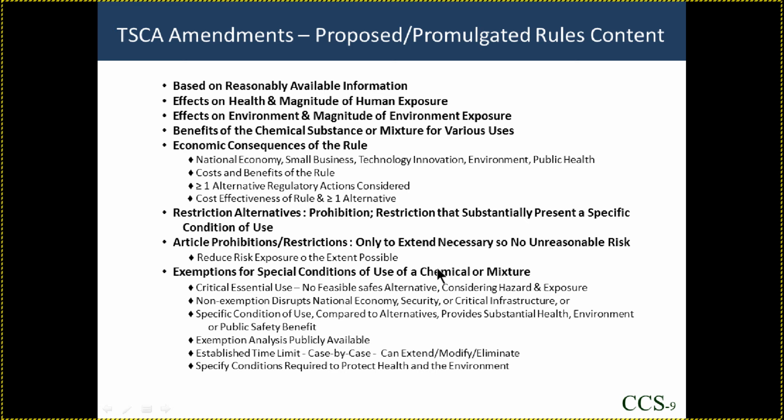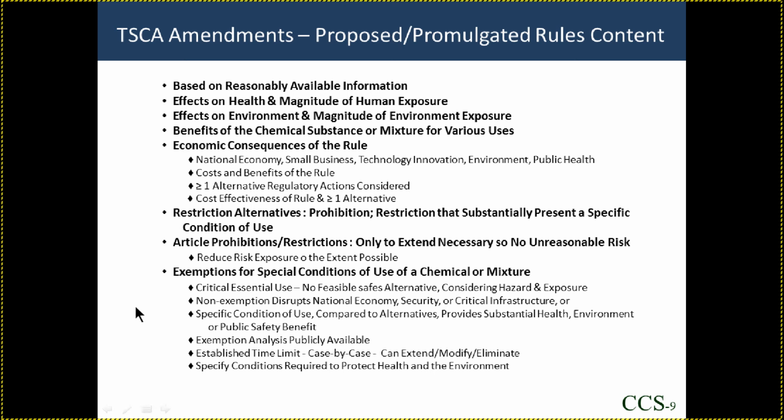And so this is where, again, the exposure becomes very critical, because that's often diluted in articles. And then there are exemptions. There are a series of exemptions for specific conditions of use listed here. I've got down 6 different bullets that we've extracted from the law, and those all have to be written up in both the proposed rules and the final rules for a specific chemical.